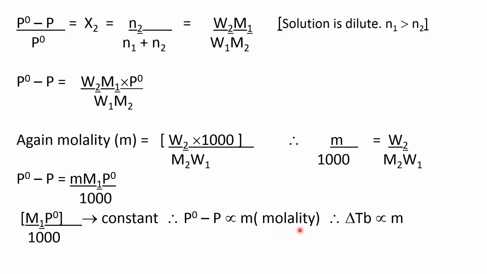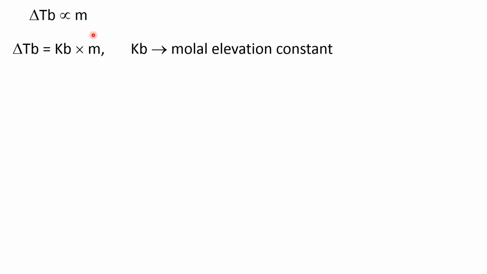In the earlier slide, I showed you that P0 minus P is proportional to the elevation of boiling point. So we can write that the elevation of boiling point is proportional to the molality of the solution. So delta TB is proportional to m. If you want to remove the proportionality, then delta TB is some constant Kb into m. Kb is known as the molal elevation constant.